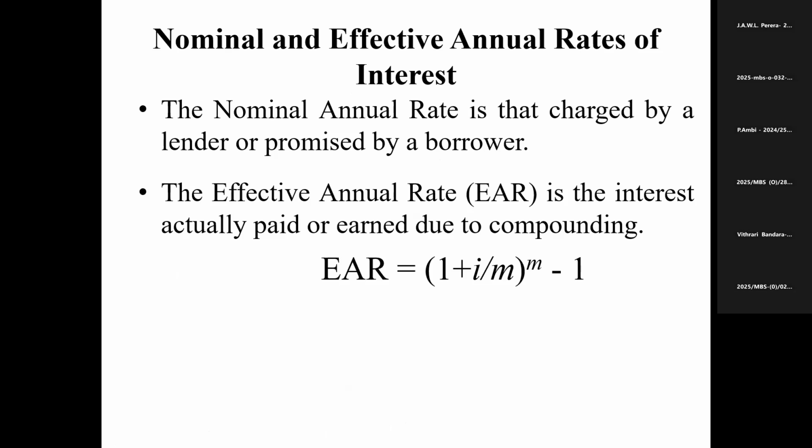Nominal interest rates, as we learned, are what in any economy the central bank announces as the rate of interest. Banks give us that nominal interest rate. It depends on the money supply and the demand for money in the financial system, in say the Central Bank of Sri Lanka.